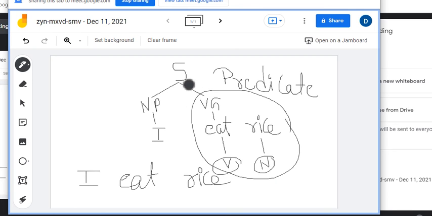Alright, so this is the very simple tree structure, and these structures will get more involved and more complicated as we practice, as we go forward. Okay, so this is the verb group, and now we will come to the structures, as to how many structures there are in the English language.